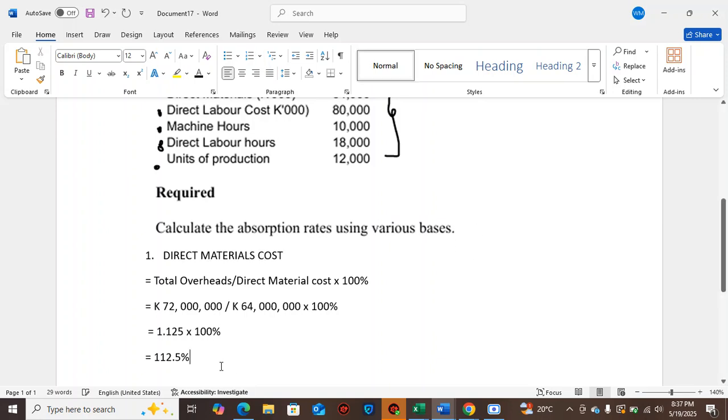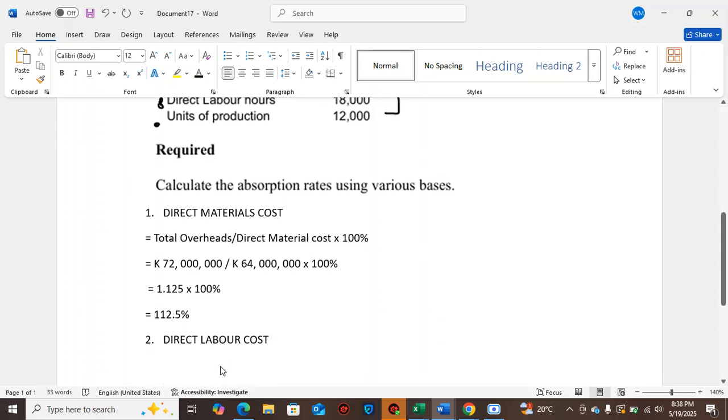Okay, we get our next overhead absorption rate on direct labor cost. Also this one, in the question, you look at what information will be given.